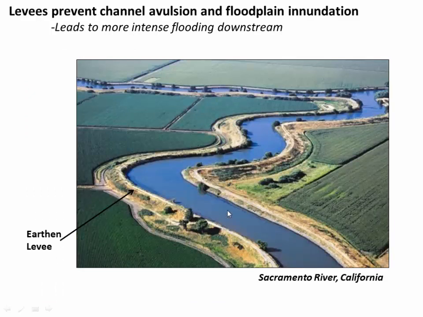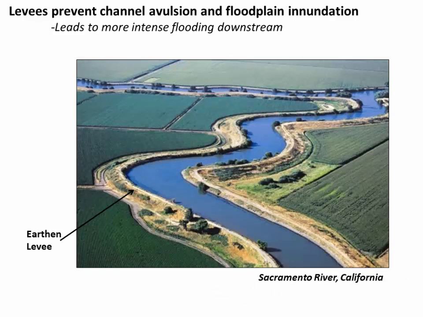Another way to prevent avulsion onto the floodplain during floods is levees. So this is a management practice where humans build basically earthen embankments along the bank of a river and artificially raise the height of the channel bank such that the water will just flow between the levee banks, and even during flood stages it won't flood onto the floodplain.